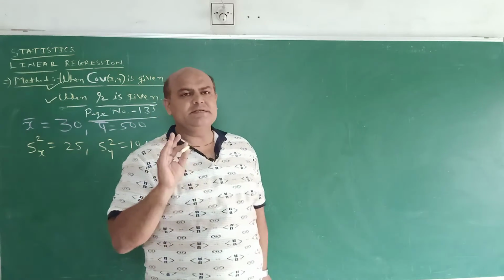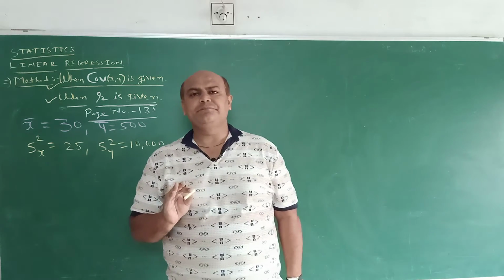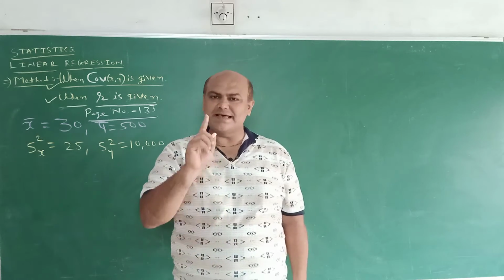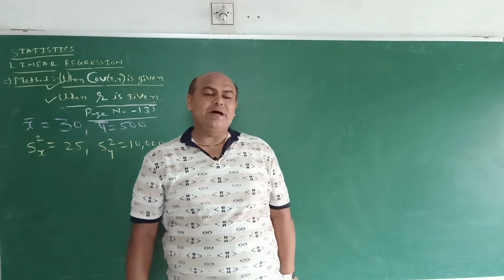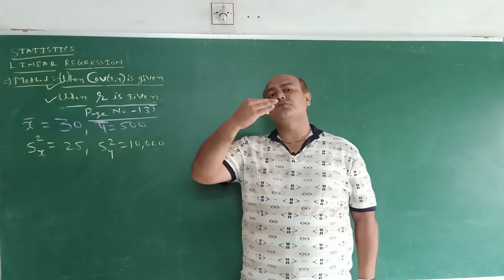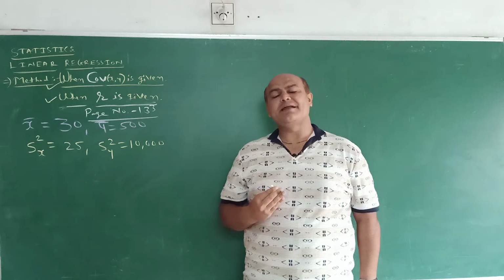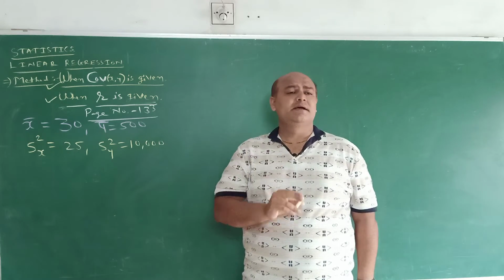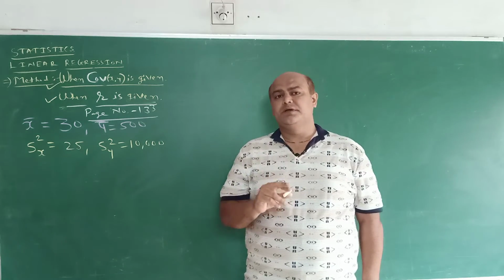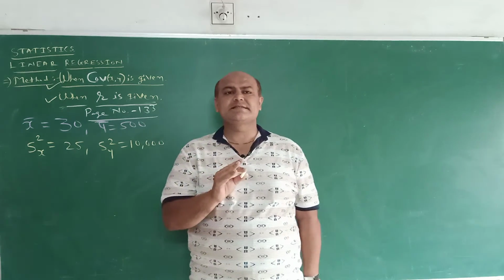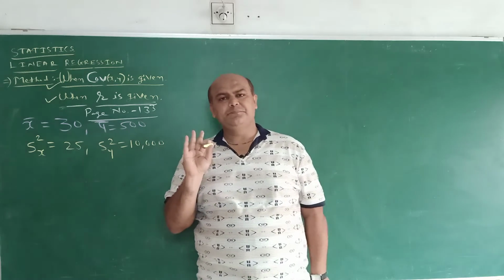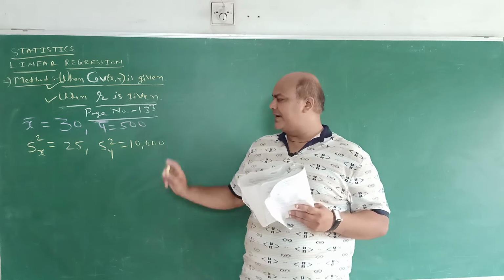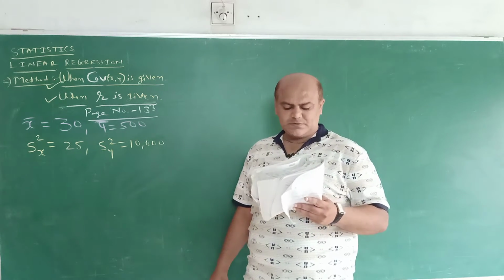SD, standard deviation, is Sx and Sy, while variance is the square of standard deviation. SD square means variance. Clear?